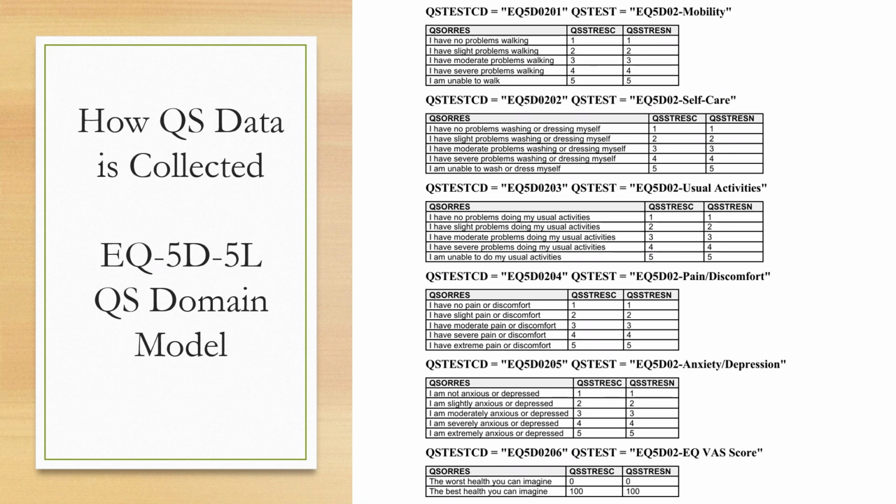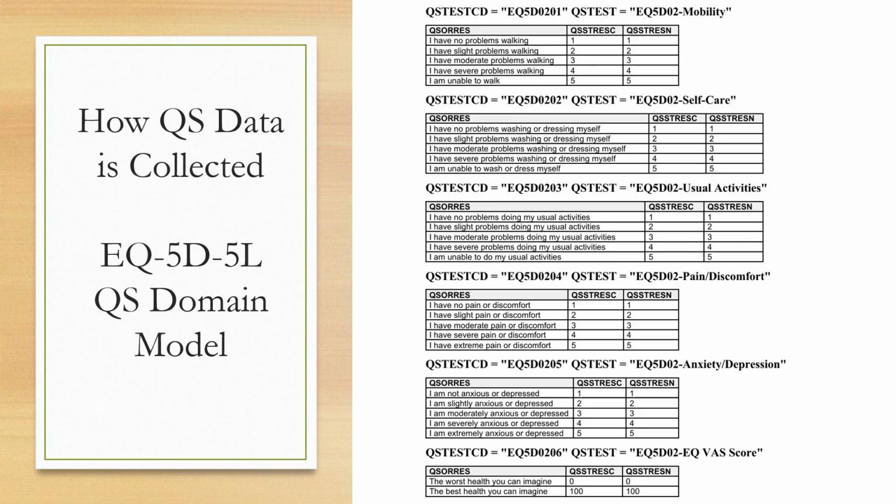So if the subject answers the first question as I have moderate problems walking, one record will be created for this test where QSORRES will be populated as I have moderate problems walking, whereas QSSTRESC and QSSTRESN will have the value of 3 populated.